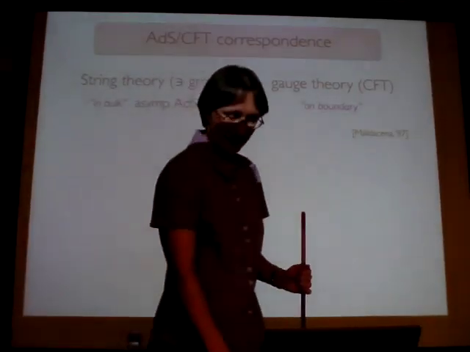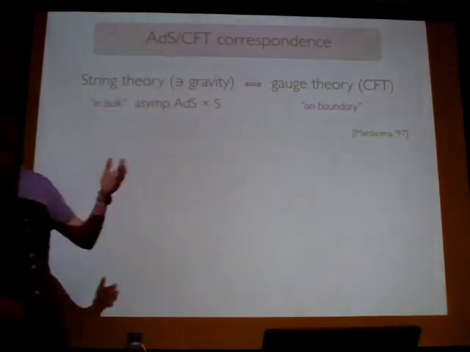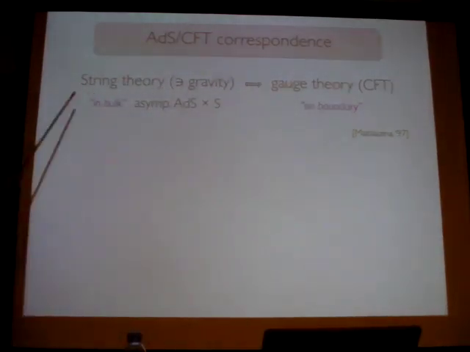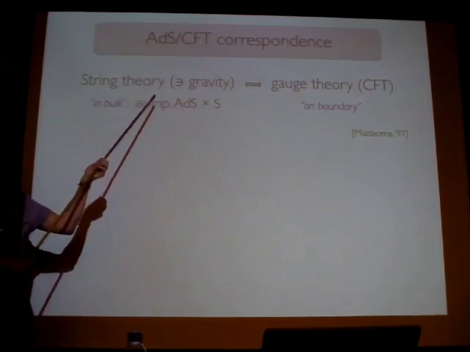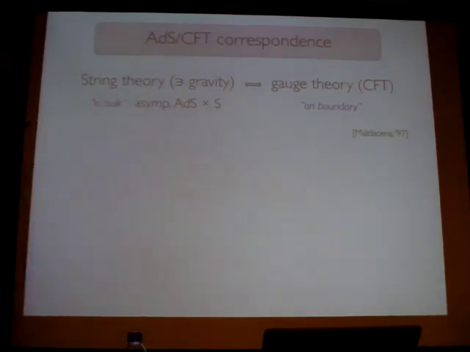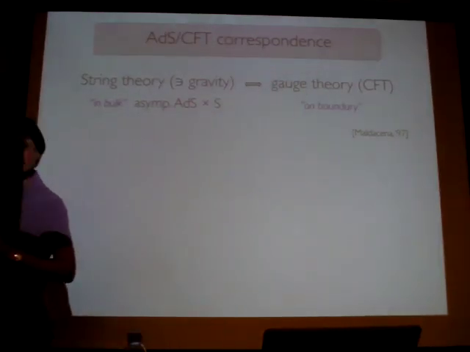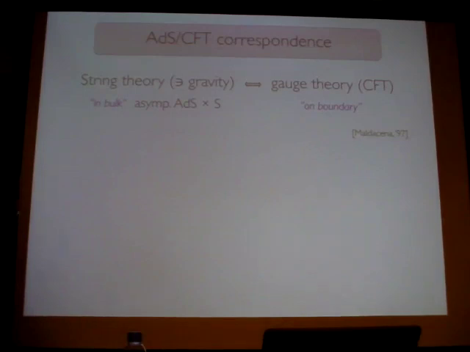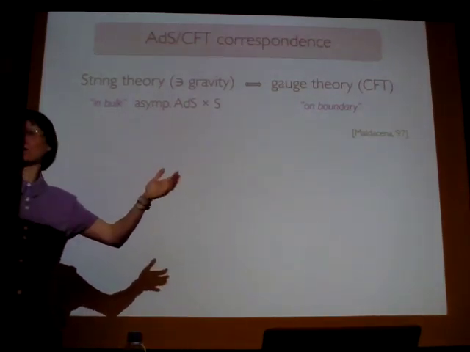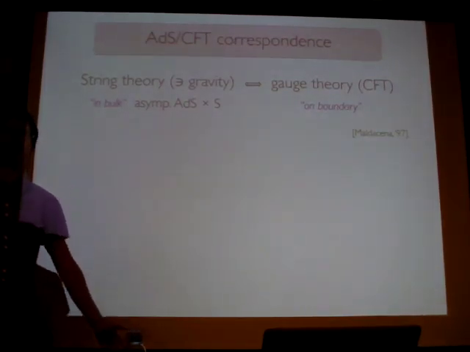And the upshot of this is that a string theory, which is among others a theory of gravity, is physically equivalent to a certain gauge theory, which is a conformal field theory, and describes the same physics in very different language.